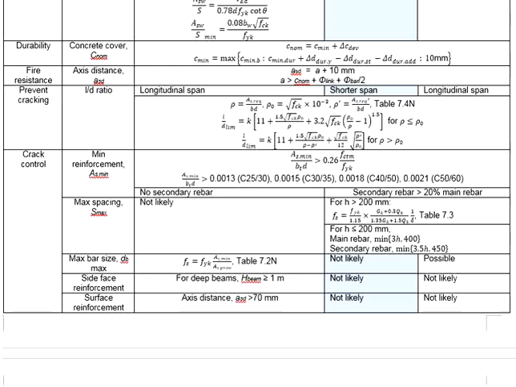Excessive cracking can jeopardize the structural integrity of a structural element. Not only that, it can also affect the durability of the member.